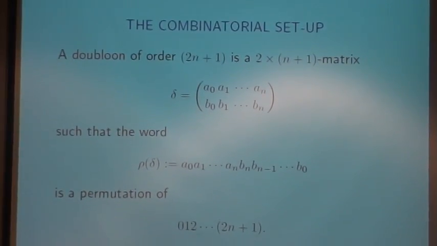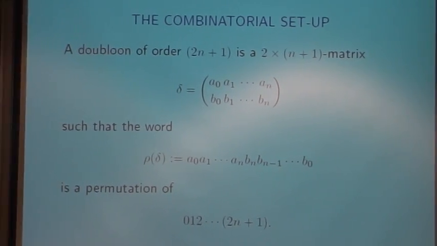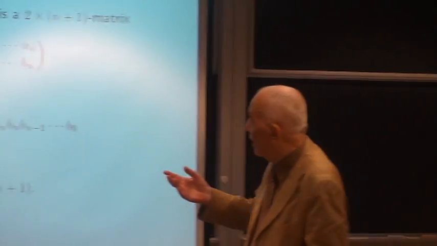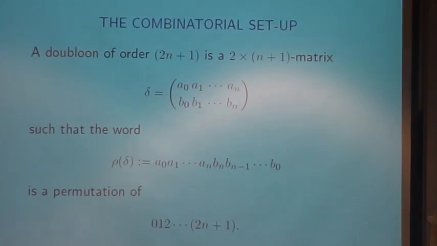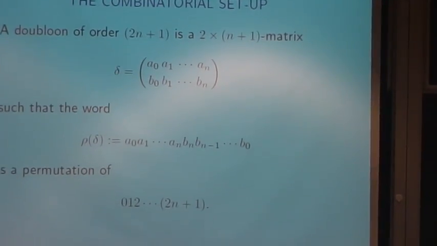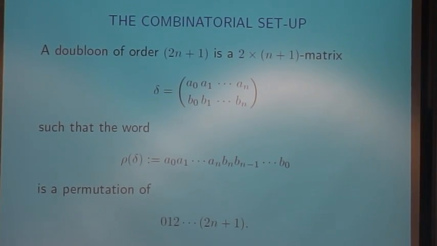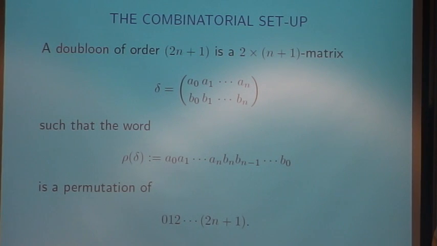So, Doubloon, something very simple. First of all, we have the sequence 0, 1, 2, up to 2n plus 1. So, an even number of integers. I start with 0, I end with 2n plus 1.